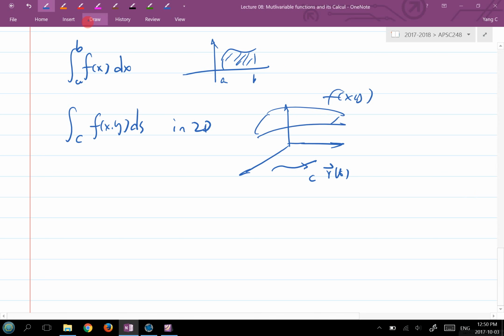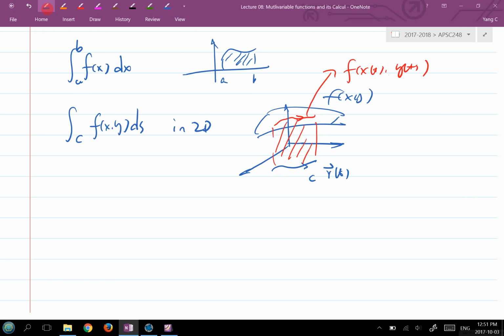When you're integrating along the curve C, you're constrained along this curve C. So there will be a similar curve traced out on the surface, and that is your f of x of t and y of t value here. If you do this integral, you get the area underneath that curtain. So that's a better understanding of what the line integral is.